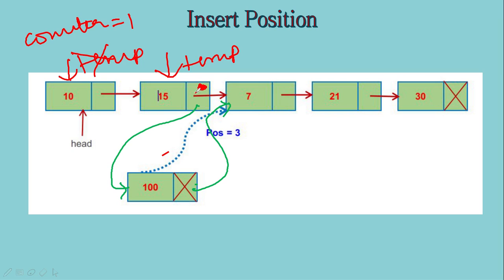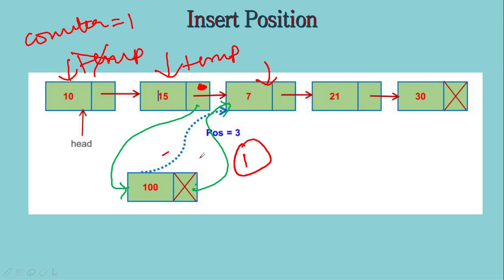So if you change this first, you will be losing the address of the node having the data 7. Obviously I will be missing all the nodes following this, a part of the linked list itself. So I should be very careful when giving the connections. First I have to establish this connection, and then I make this one.